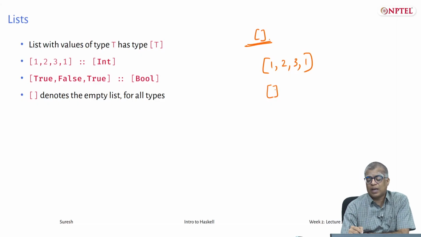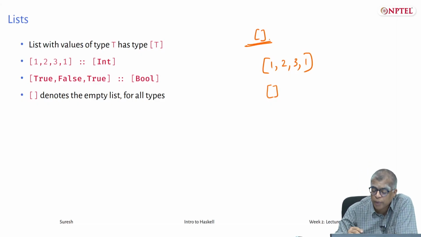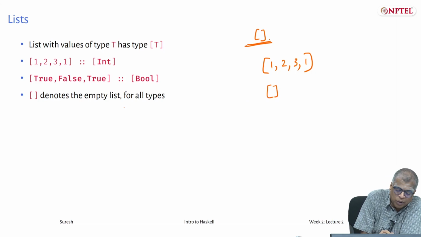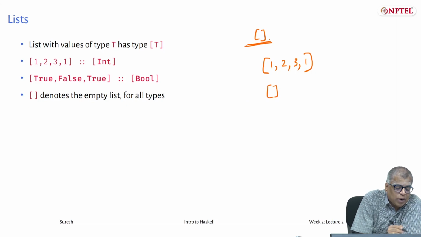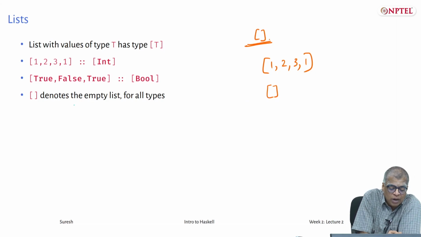But now what is the type of the elements inside this? It could be any type whatsoever. So this is the important point: the left square bracket immediately followed by the right square bracket denotes the empty list for all types.